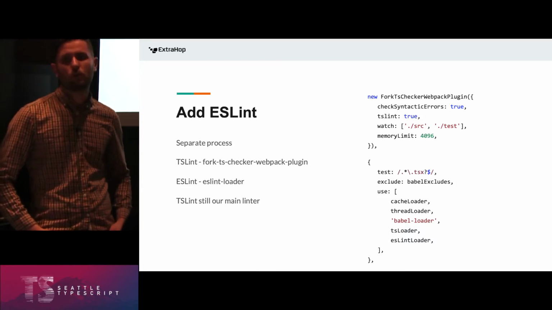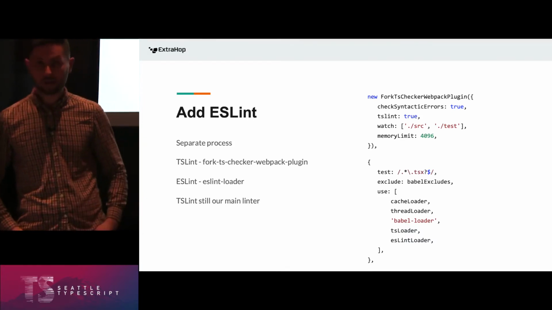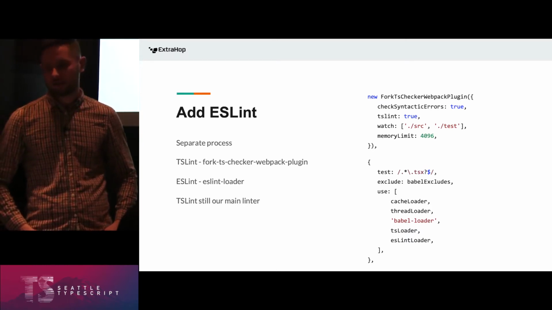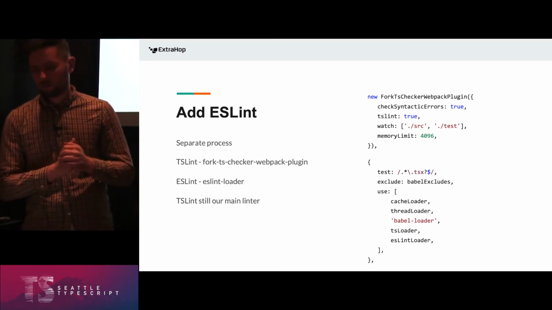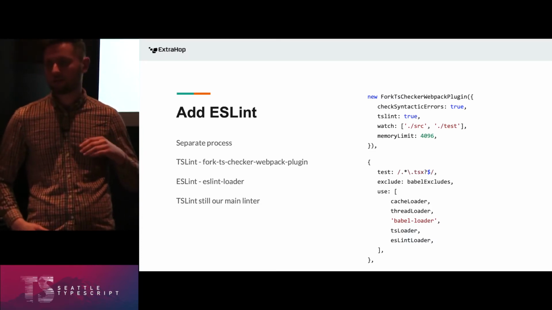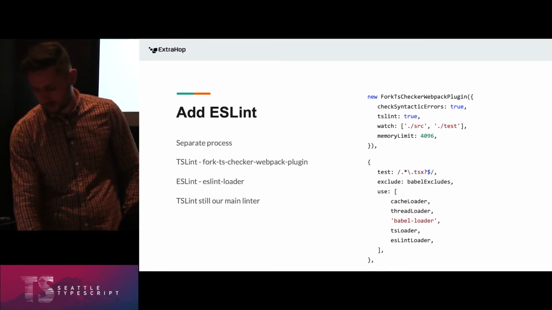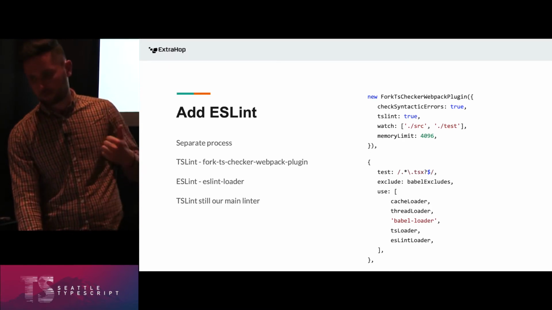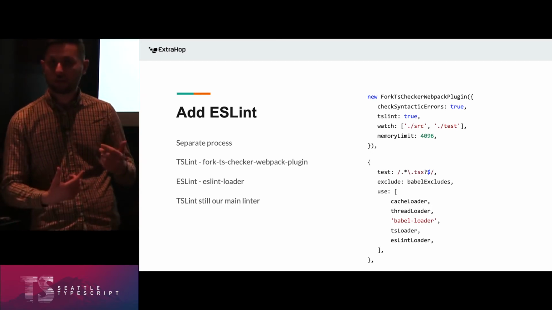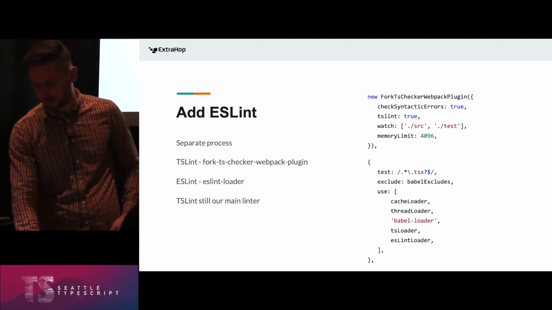And TSLint was run through fork TS checker webpack plugin, which basically forks this linting process separately so that it can run in parallel with the rest of the build. And there's a setting for what linter you want to use. So we had TSLint running through this plugin.